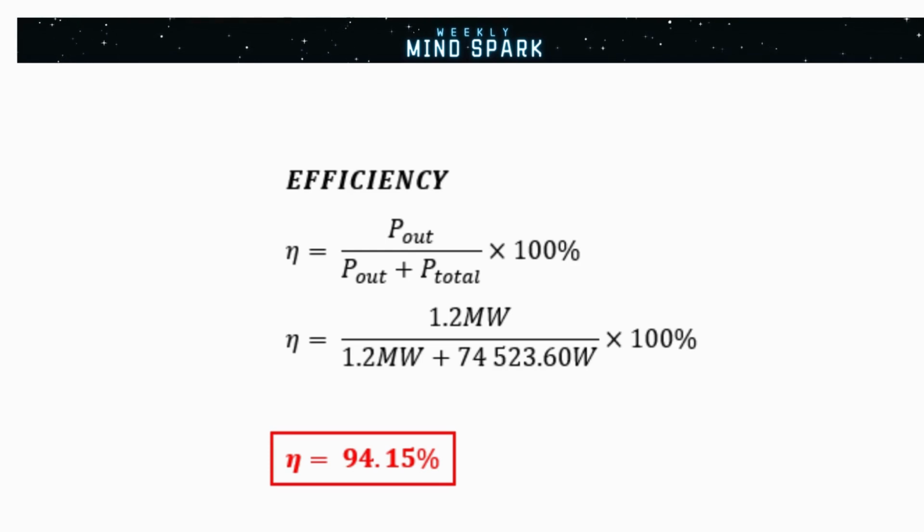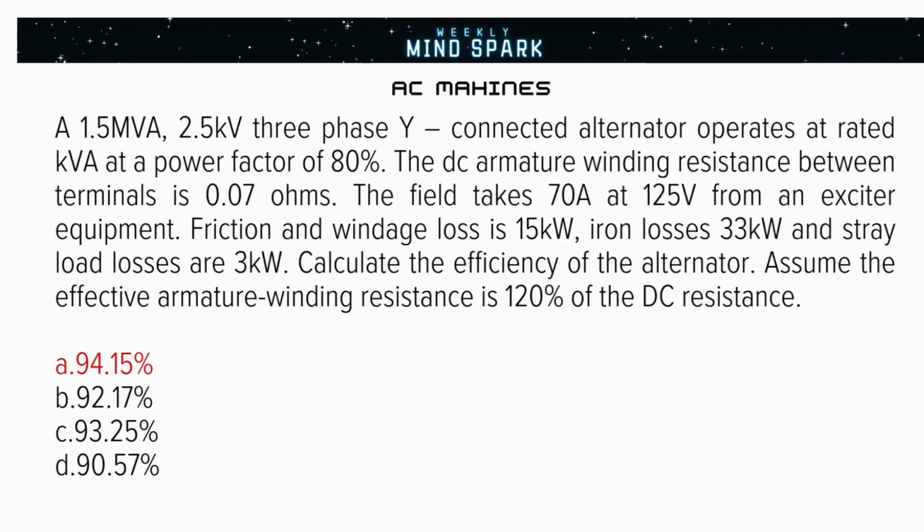Substituting the values, 1.2 megawatts over 1.2 megawatts plus 74,523.60 watts, multiplied by 100%, we get 94.15%. So after performing the calculations, we found the final efficiency of the alternator to be 94.15%, which corresponds to option A. So there you have it.